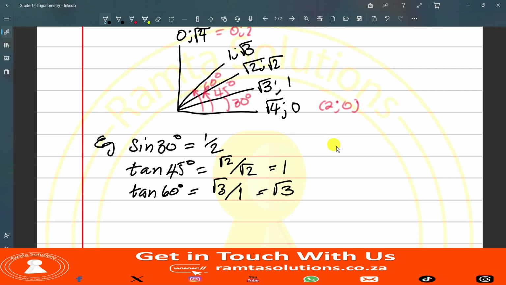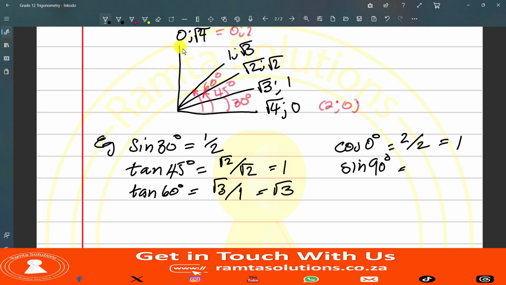In the same way, how about we try cos 0 degrees and also sine 90 degrees. Once again, cosine is adjacent over hypotenuse. Adjacent is the value of x. What is the value of x here? It's 2. And hypotenuse is 2. Now what is cos 0? It's 1 indeed.